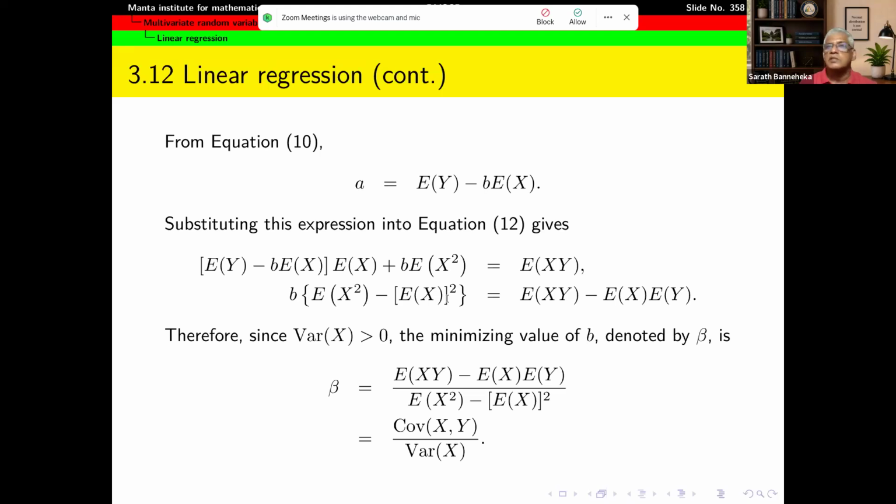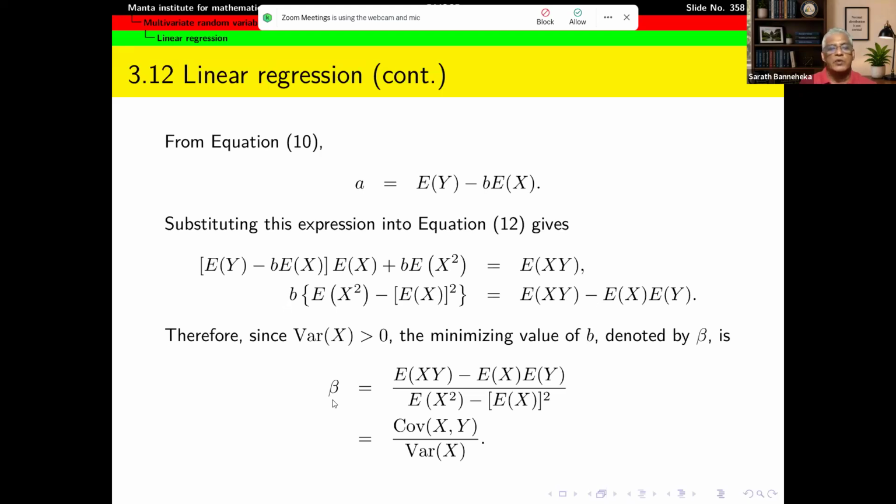And that is the value of b at the stationary point. Later on, we have to verify that the point (a, b) satisfying this is actually the minimum point.